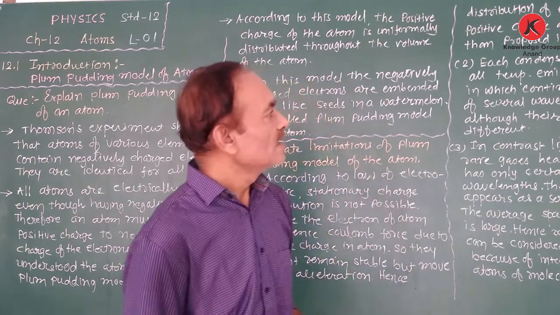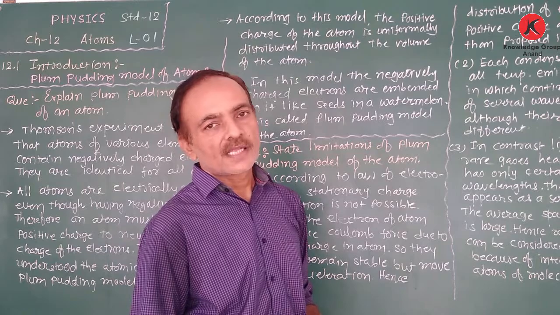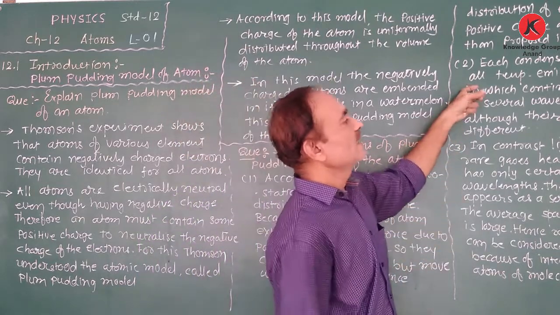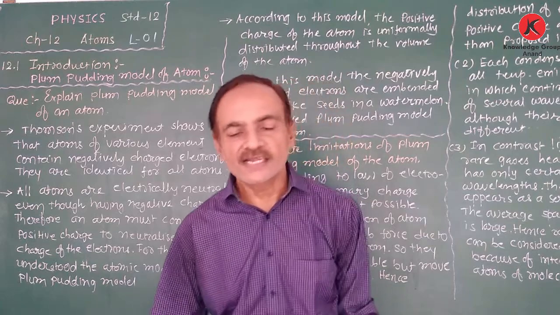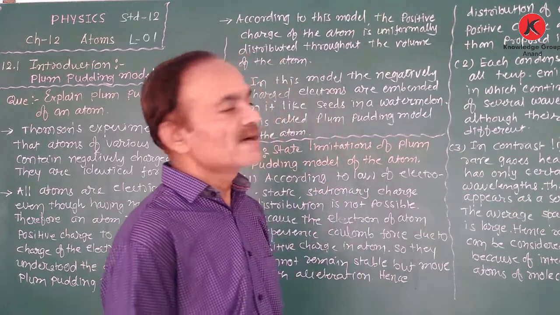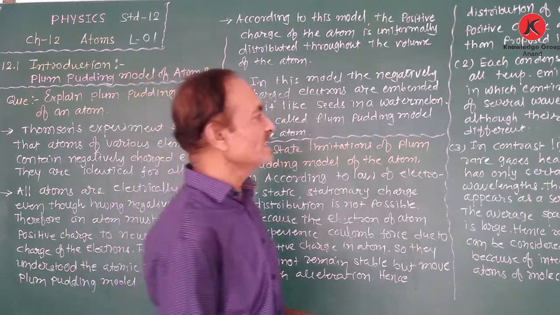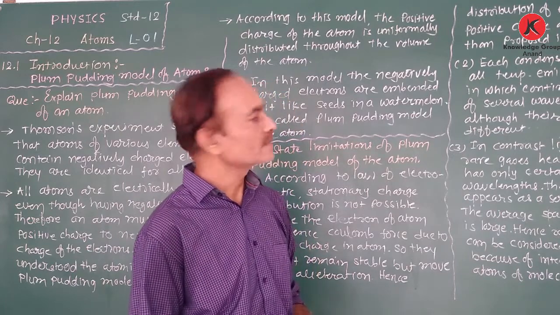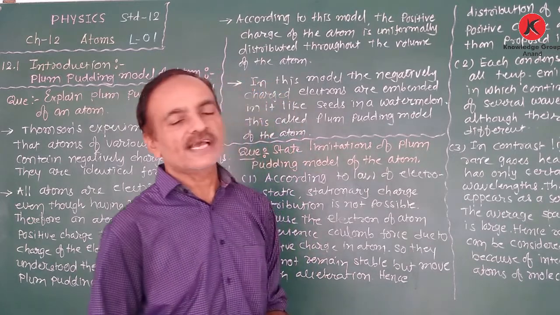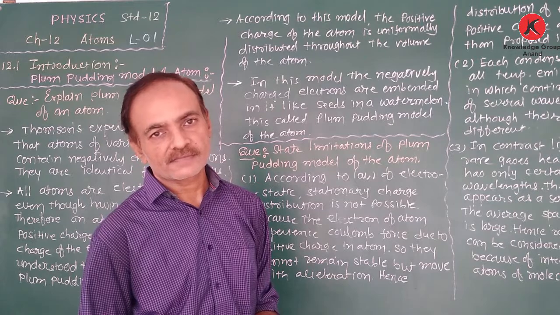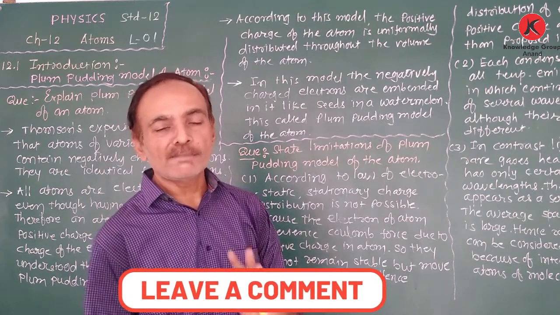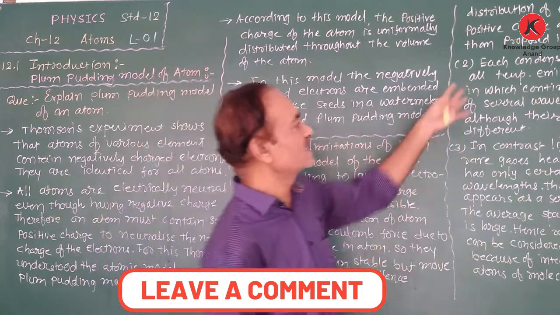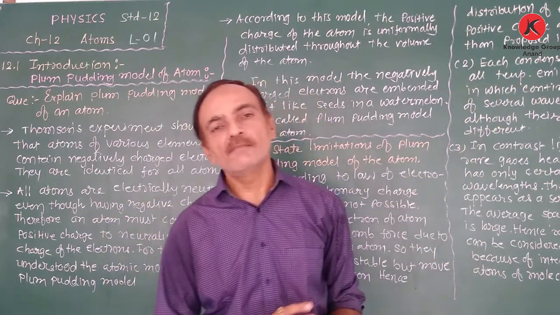Now listen: in condensed matter, at all temperatures, it emits electromagnetic radiation in which a continuous distribution of several wavelengths is present, although their intensities are different. So that is also not compatible with the suggested Plum pudding model.